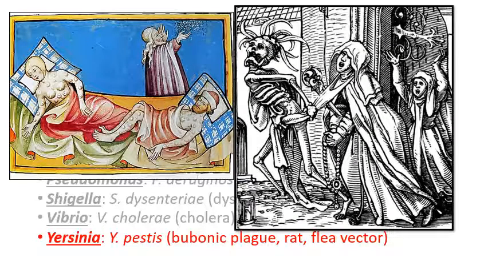So here we have some lithographs and paintings from the early Renaissance. On the left we have a couple of people who have lumps all over their bodies. The lumps are referred to as buboes. Those lumps are swollen lymph nodes. Lymph nodes are part of the lymphatic system.